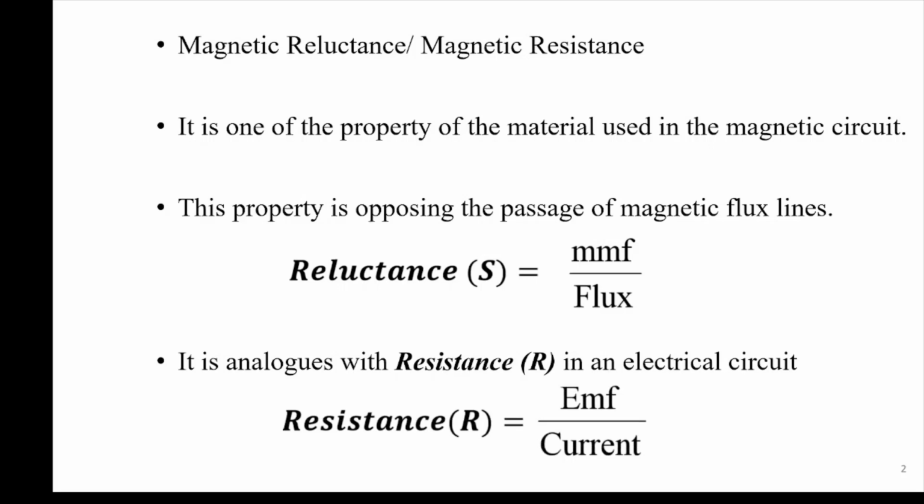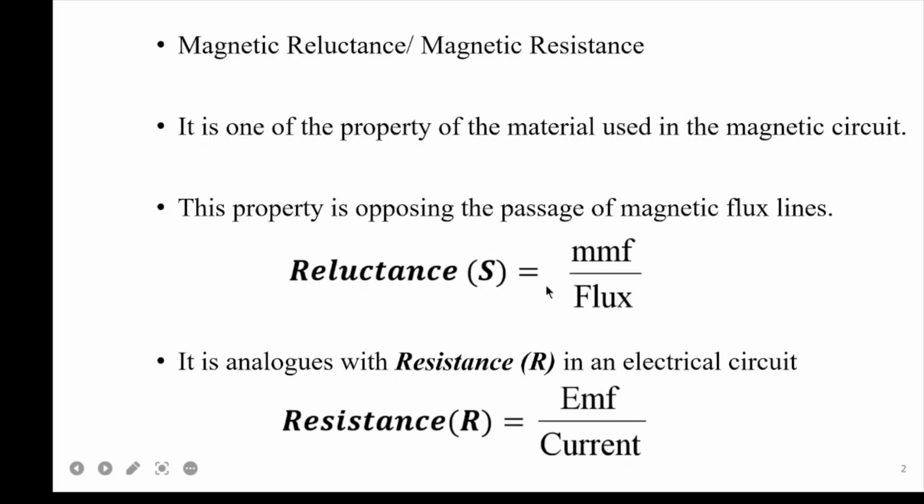It is the Ohm's law for the electrical circuit. In both Ohm's laws, each parameter is analogous: reluctance is analogous with resistance, mmf with emf, and flux with current.